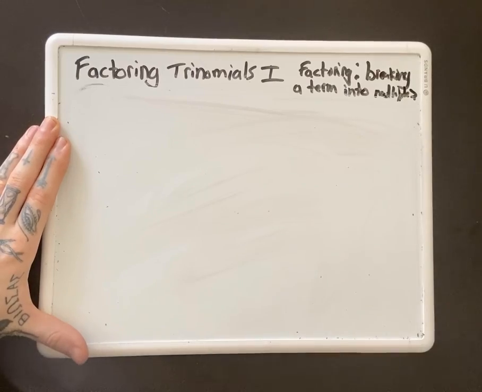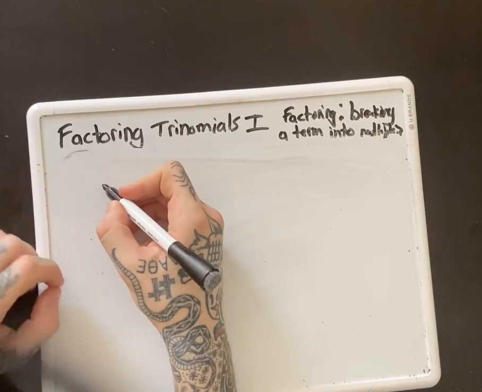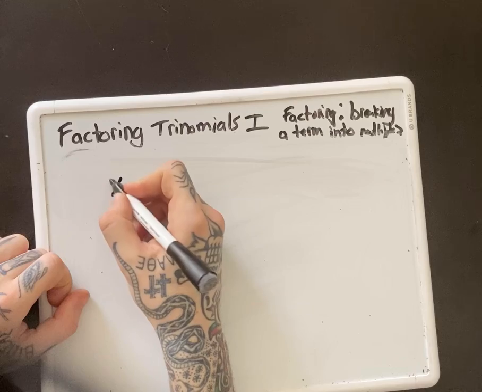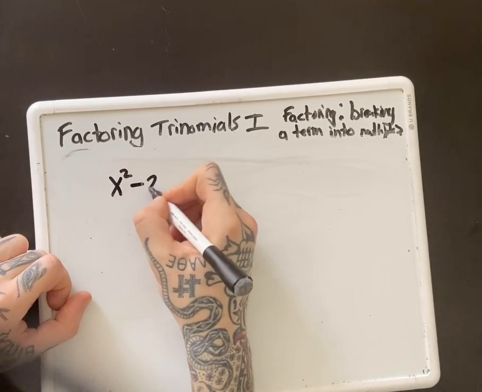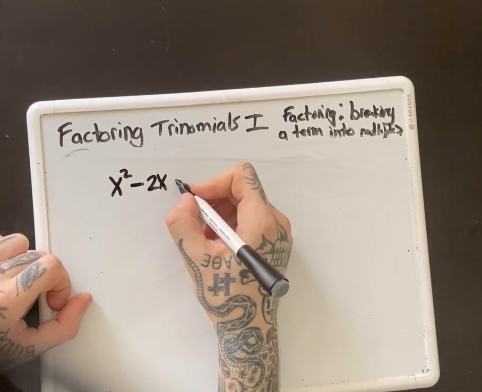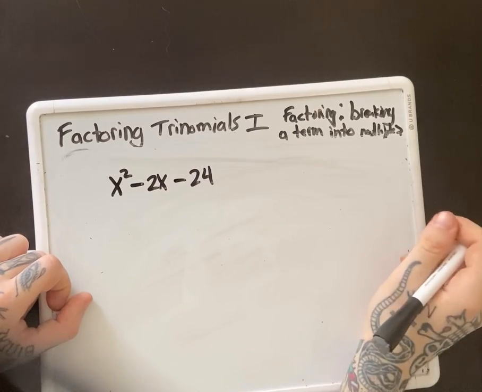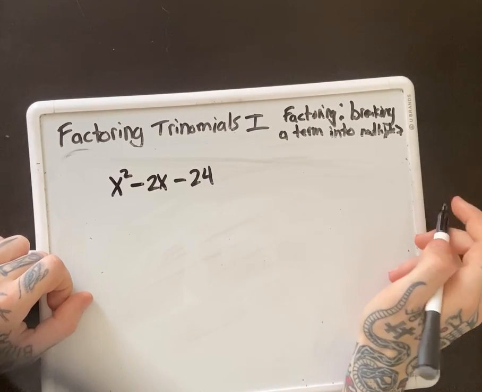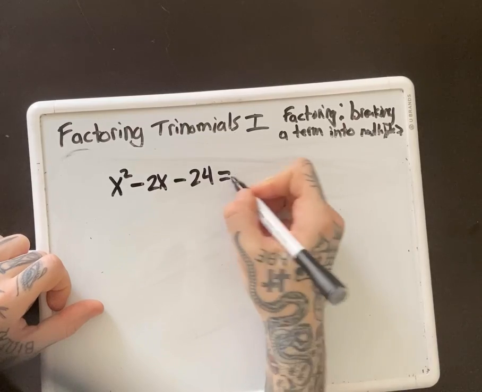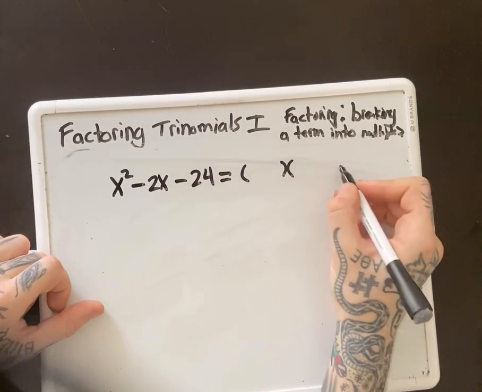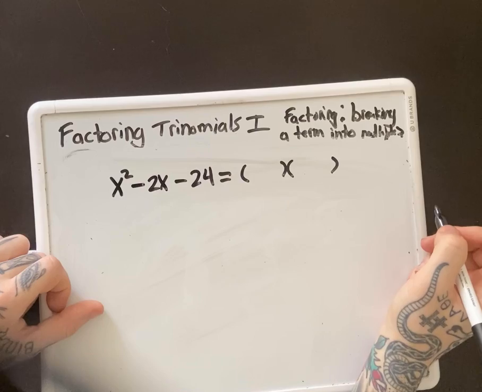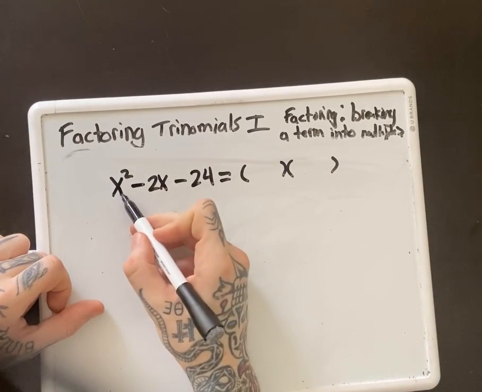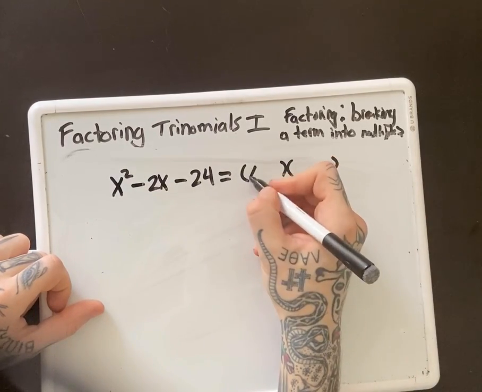And we're gonna look at one with subtraction finally. So, x squared minus 2x minus 24. Okay? So we draw the bubbles just the same. This is a positive x squared, so it has to be x and x.